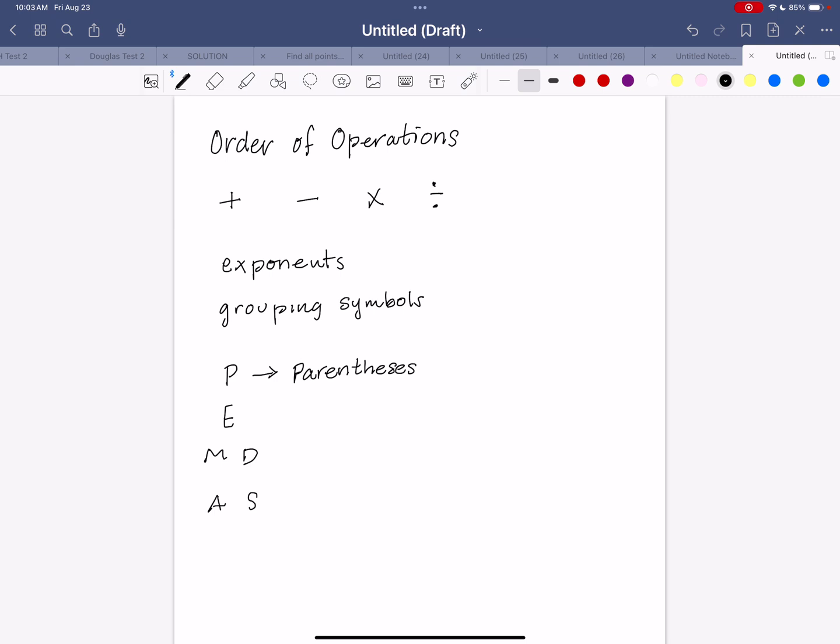But it could be other things such as a square root, a bracket or a set of brackets, and even a division bar could be a grouping symbol. So really it's anything that groups numbers and operations together. And the E is going to stand for exponents.